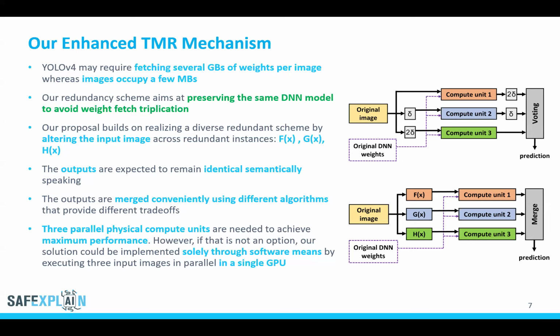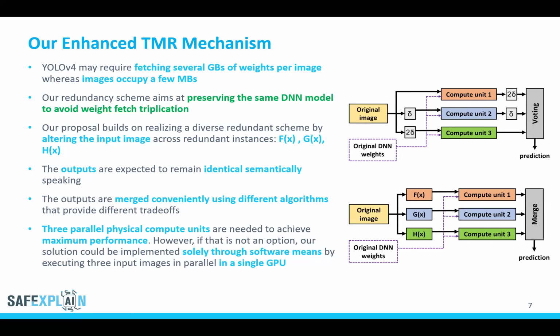We build our redundancy scheme by altering the input image data, which would map to this f of x, g of x, and h of x that we see in the image on the bottom. And then the outputs are expected to remain identical, semantically speaking, but not identical at bit level.